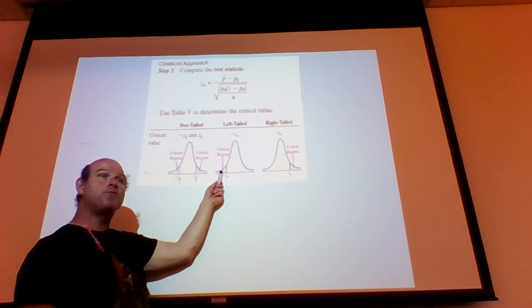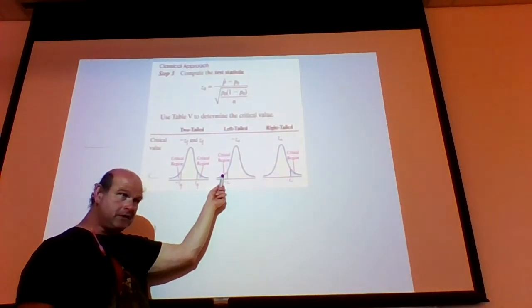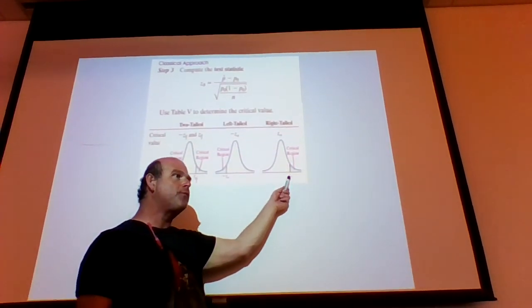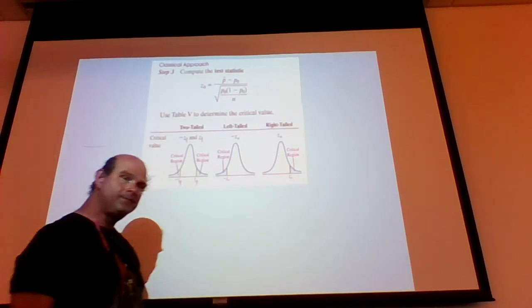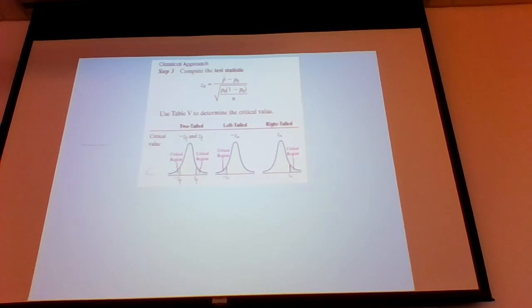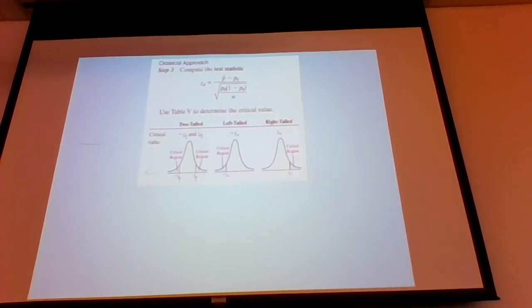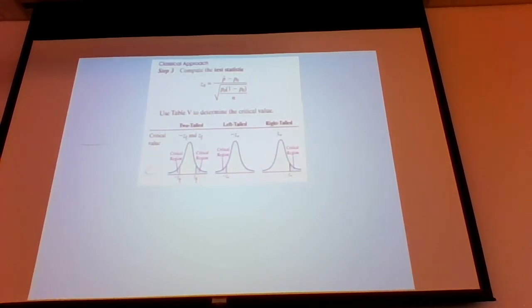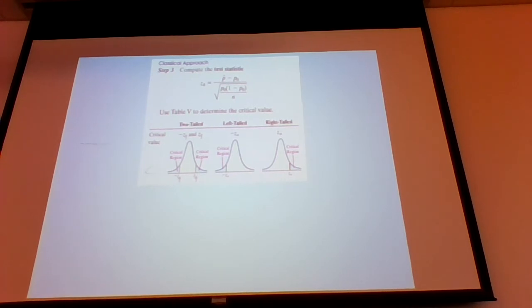This is more negative. This is more positive. Does that make sense? Boy, I'm glad I did that on live. And you said the non-shaded area is where you don't reject the null hypothesis. These are z-values, all of them, right? Yes, they are. Okay.